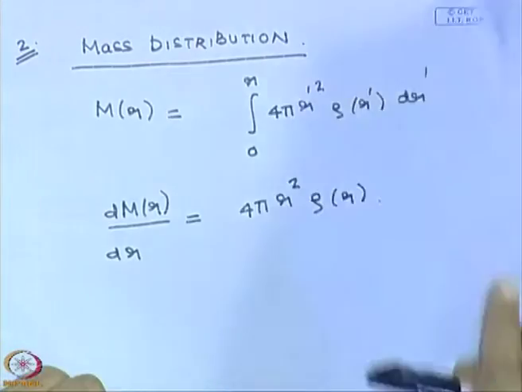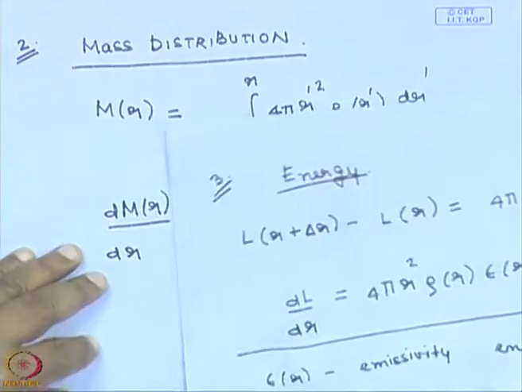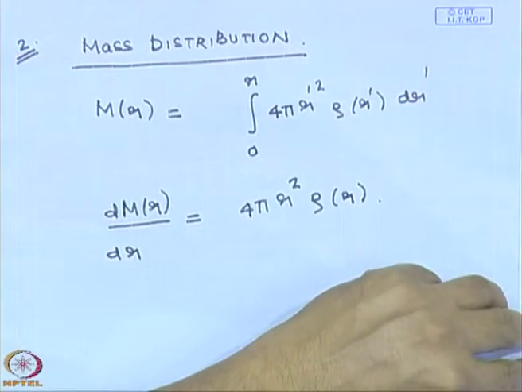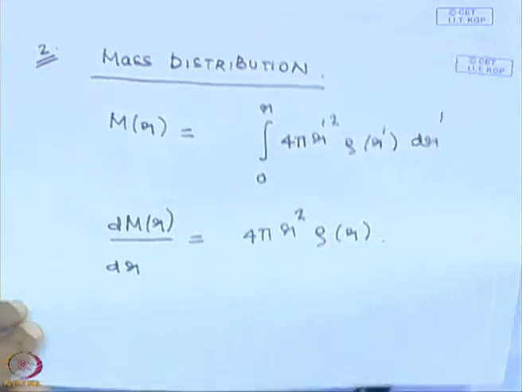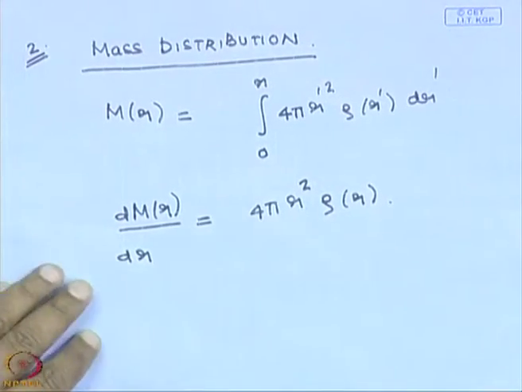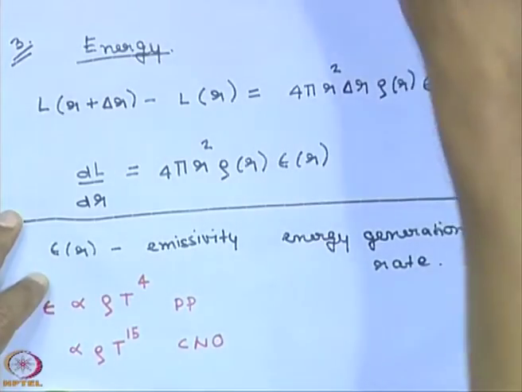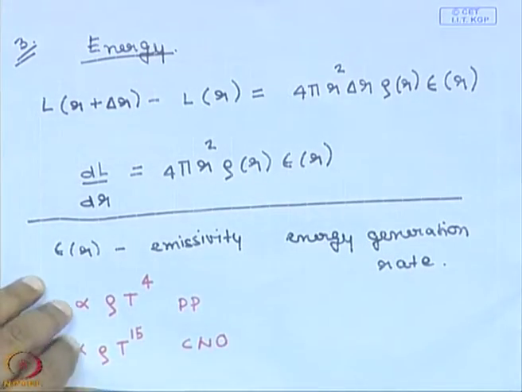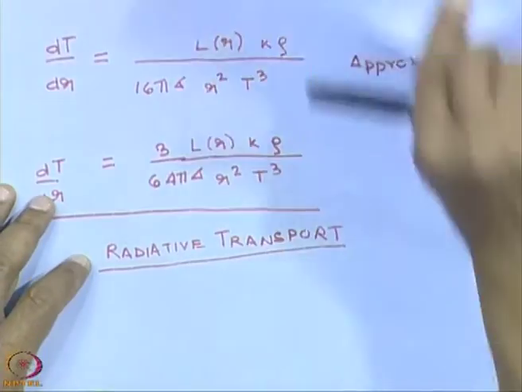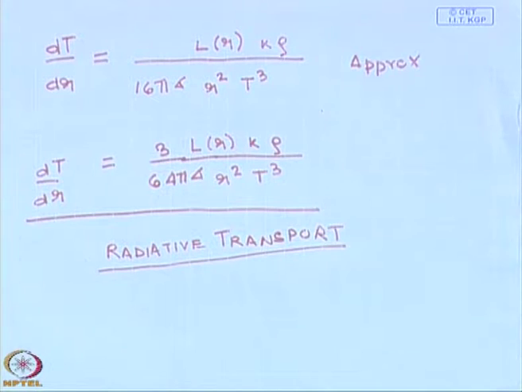The third equation tells us how the luminosity changes as we go along the radius of the star. And the fourth equation, which we were discussing, tells us how the temperature changes along the radius of the star.